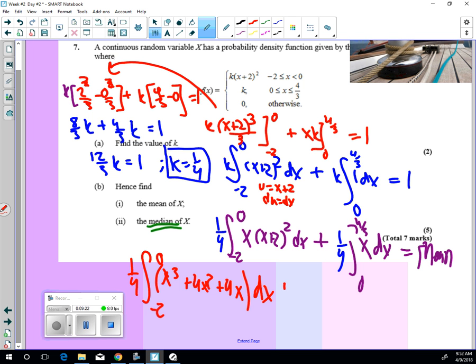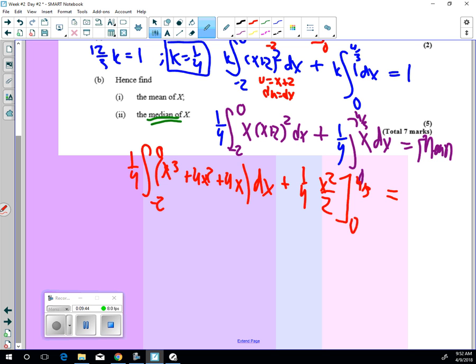This one is way easier. This one is just going to be x squared over 2 going from 0 to 4/3. I integrated this one. And that's going to be equal to my answer.